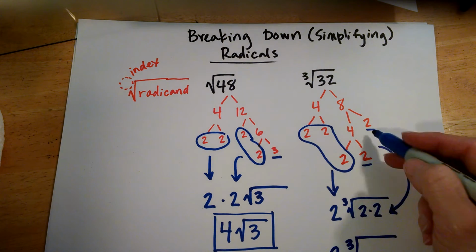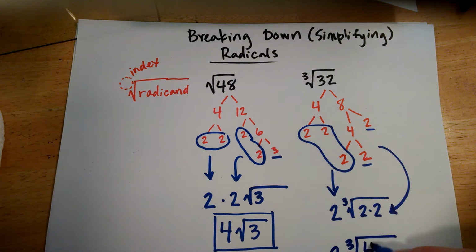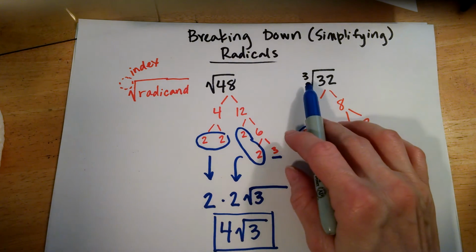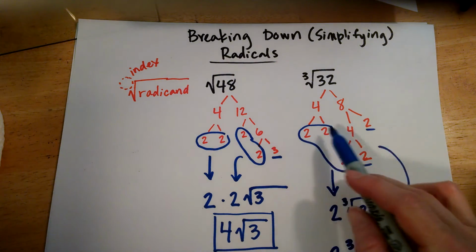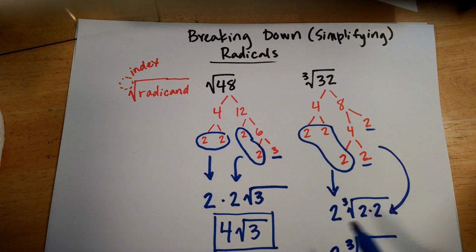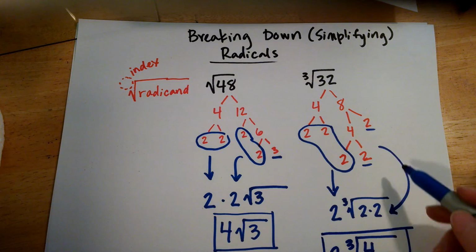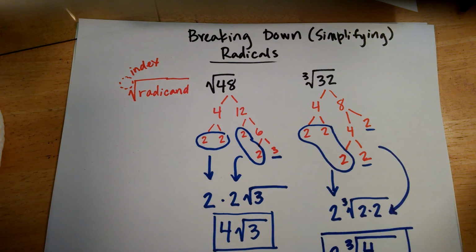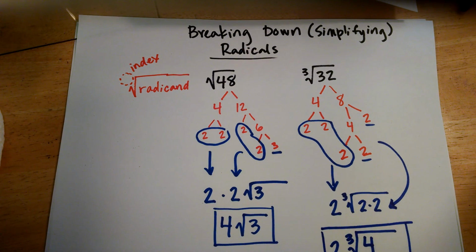Any of the leftovers need to multiply, so I've got 4. So the answer to the cube root of 32, after I break it down into prime factors and circle 3 of a kind, that comes out, and I'm left with 2 cube root of 4, because my leftovers multiplied. And there we go. Enjoy!